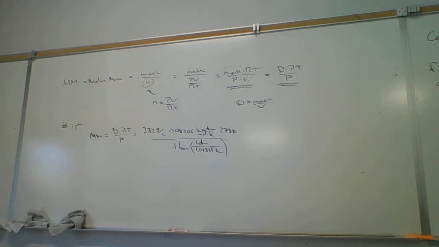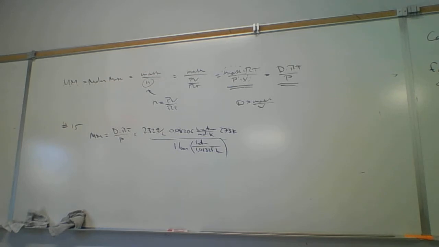All right, so what they did was use different R values. For example, for number 15, they used the one for liters atmosphere here. And again, they only do it to 3 sig figs. I like it to 4 sig figs, 0.08206. They rounded. But what they did was convert from atmospheres to bars. This is wrong here.